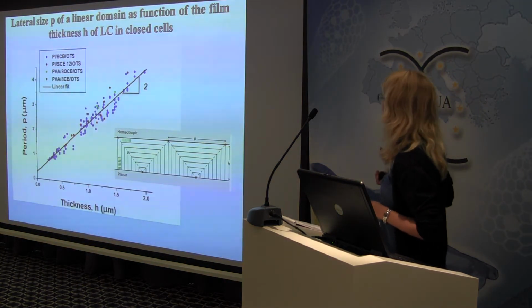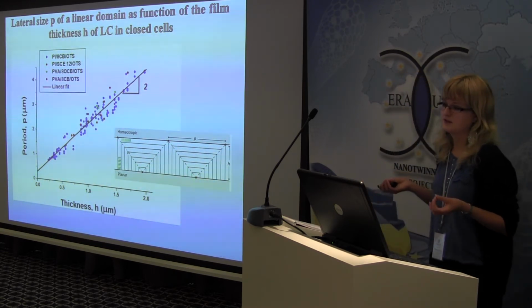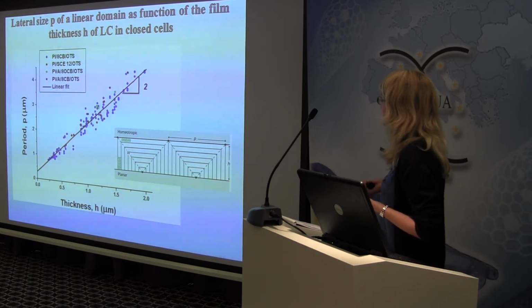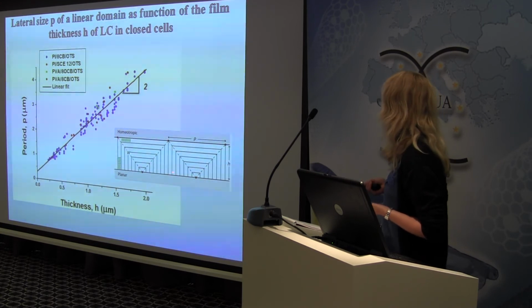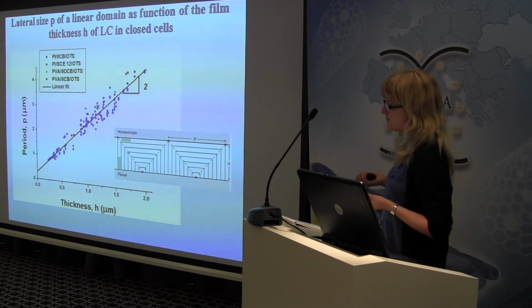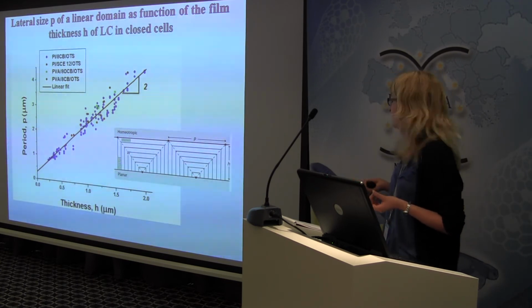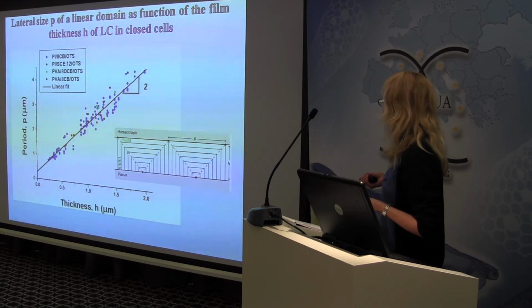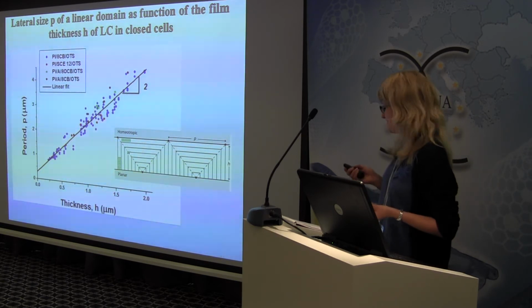And also the dependence of period versus thickness was studied, and again by linear approximation we obtained the slope 2, which led us to propose so far the easy model. It is not the final model, but from this study at least we can say that the period is twice the thickness.